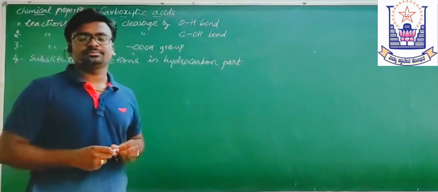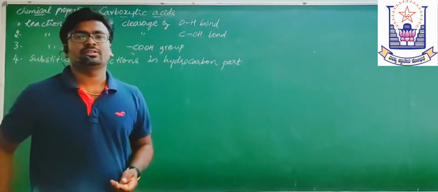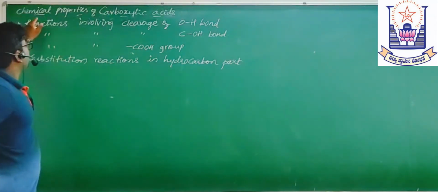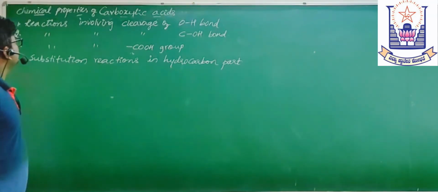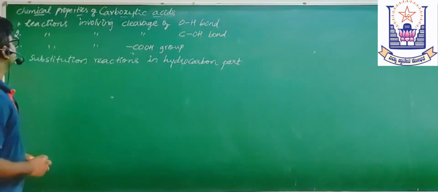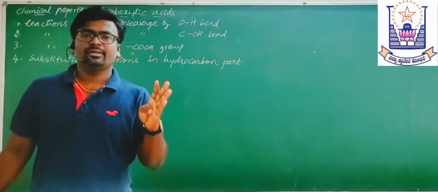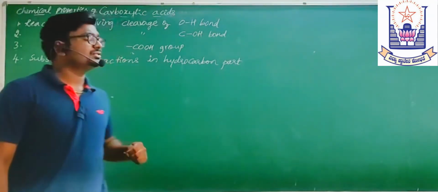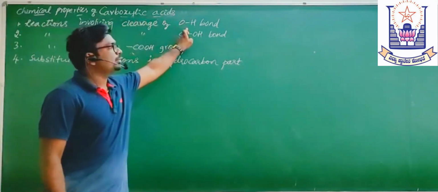Dear students, in the present class, we shall discuss some chemical properties of carboxylic acids. Here we need to discuss four important chemical reactions. One is reactions involving cleavage of the OH bond.